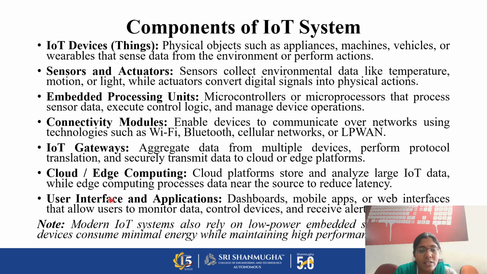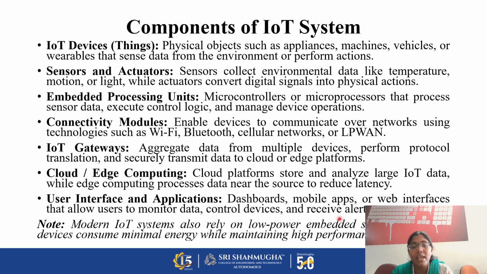And the next one is user interface and applications. How can the IoT system and the user interface? They interface through mediums like dashboards, mobile apps, or web interfaces that allow users to monitor data, control devices, and receive alerts.